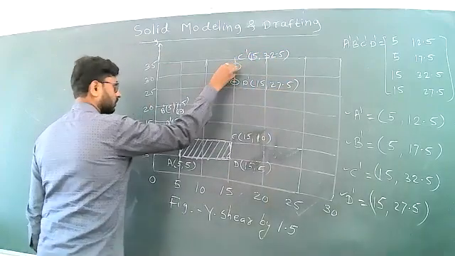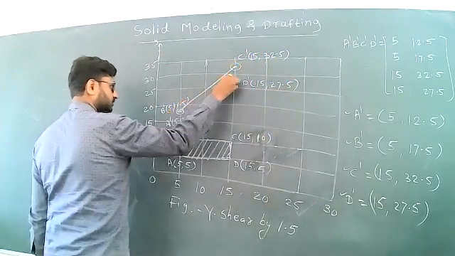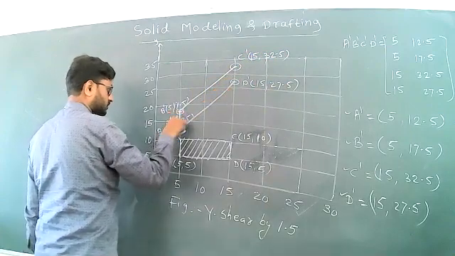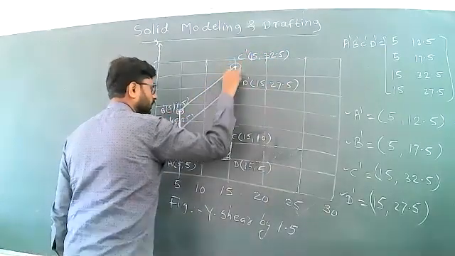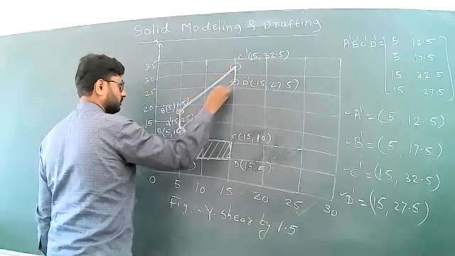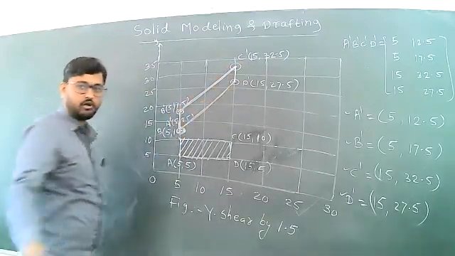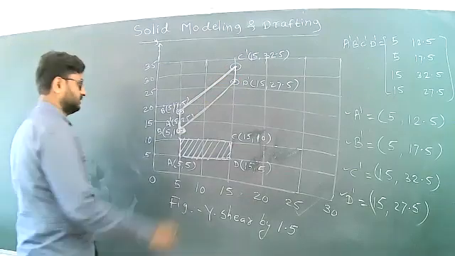Join these four points to get the new transformed rectangle, that is shearing along the y-axis.